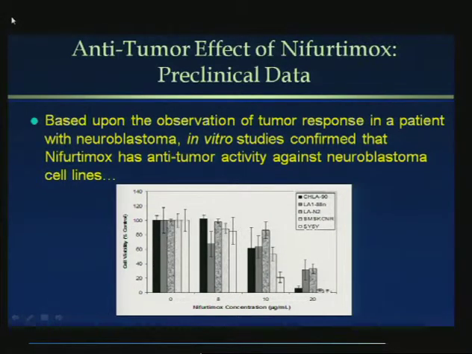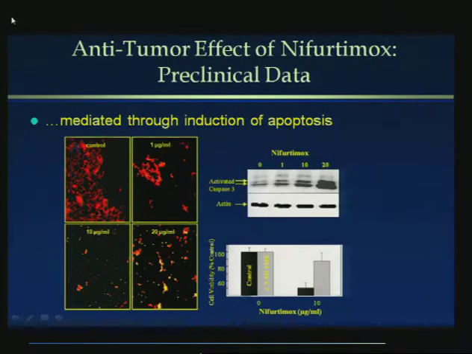And it became apparent over the next few months that the Nifurtimox seemed to be having an anti-tumor effect. So Giselle, with the prepared mind, took the drug to the lab and showed that indeed it causes cytotoxicity in neuroblastoma cell lines. So more Nifurtimox, increasing cell death, and that this was mediated by apoptosis or programmed cell death.